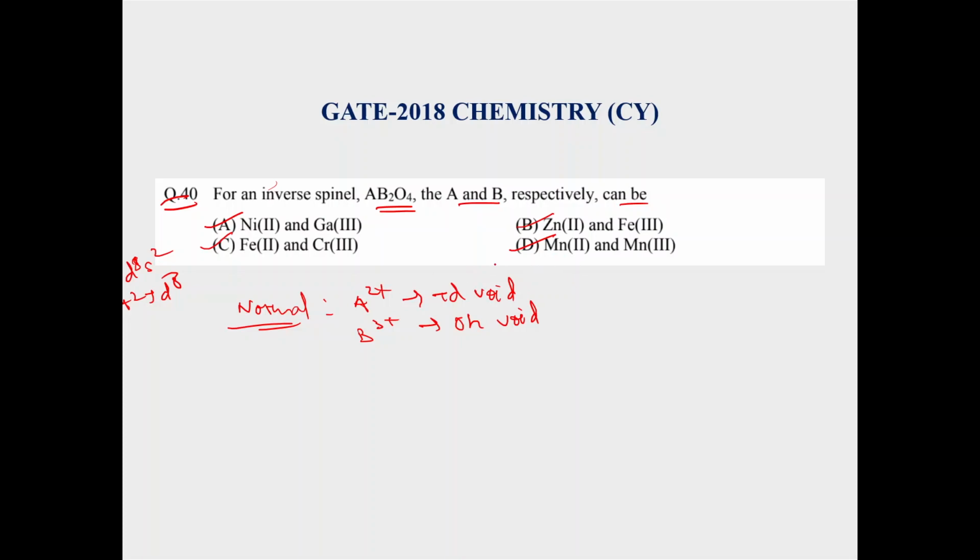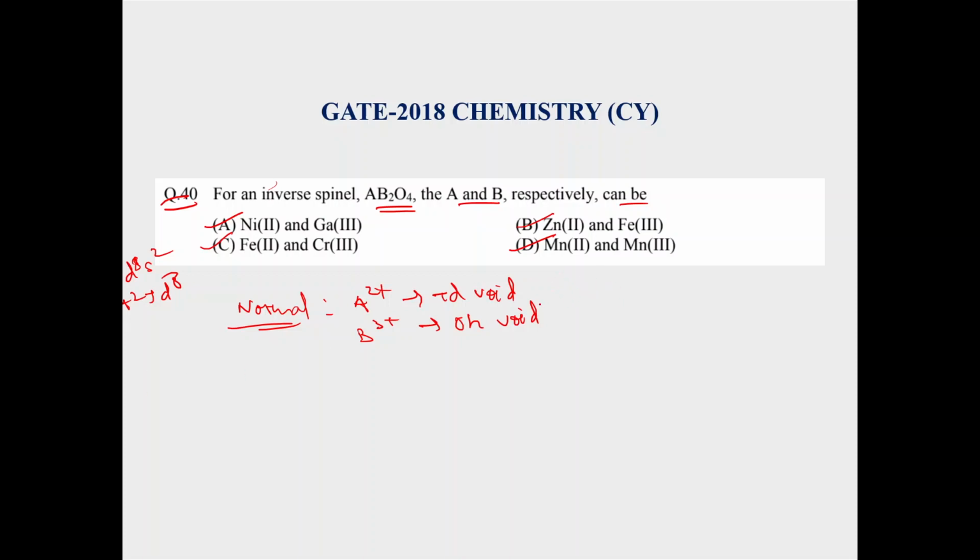We can also say that if we are comparing two ions, if the smaller one is going to the tetrahedral void and the larger one is going to the octahedral void, then also we will get this normal spinel structure.